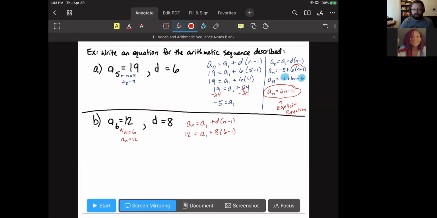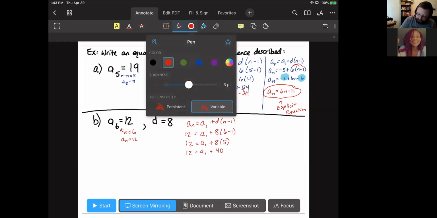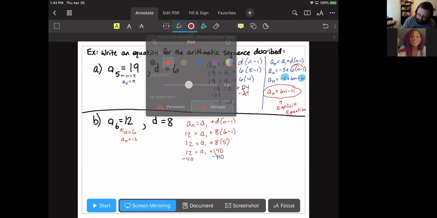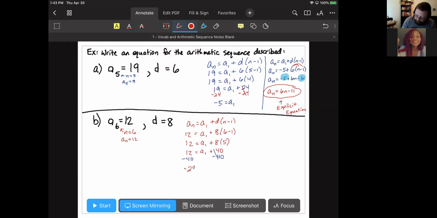So now we're going to solve that for a sub 1. 6 minus 1 is 5. 8 times 5 is 40. Subtract 40 from each side, and we get a sub 1 is negative 28.